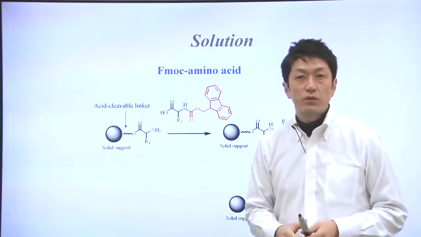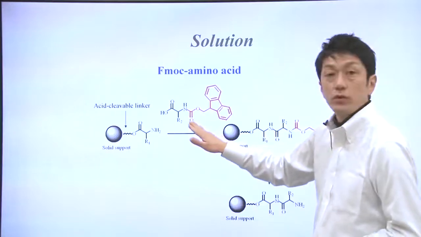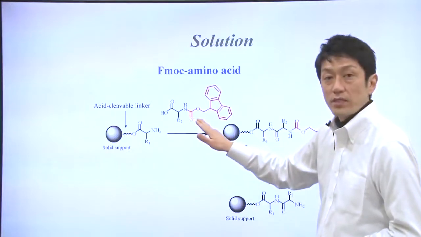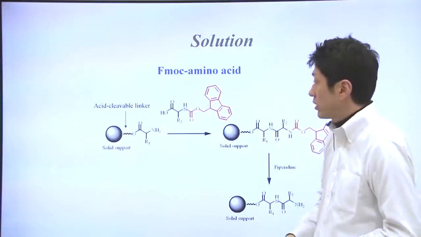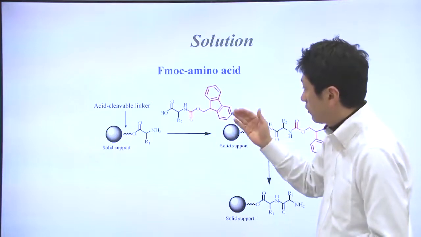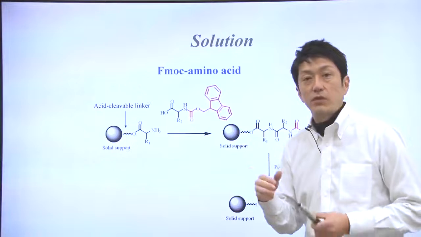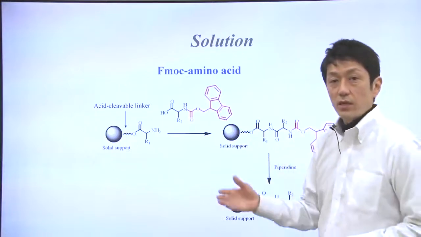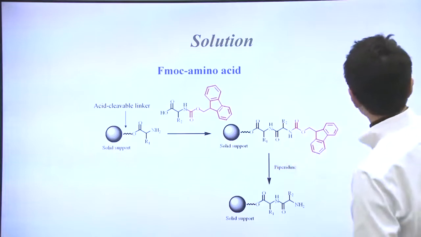Using the FMOC protecting group with the amino group of the second amino acid prevents the multiple coupling reactions. So now this FMOC amino acid cannot be coupled with each other. FMOC group can be removed easily under weakly basic conditions.